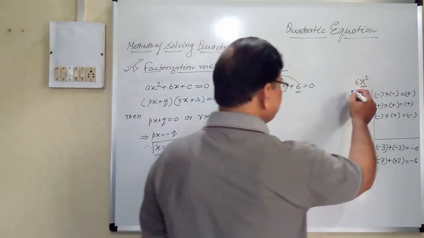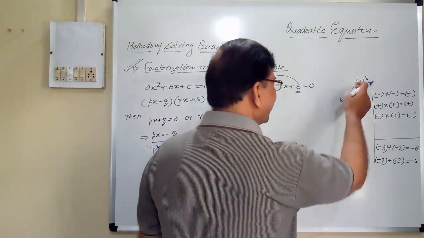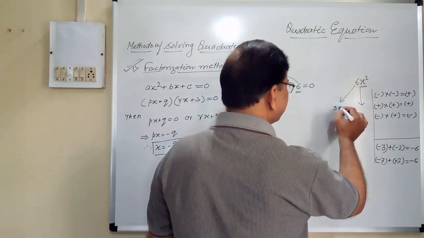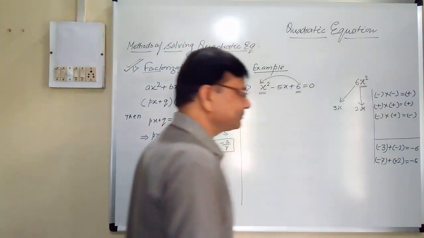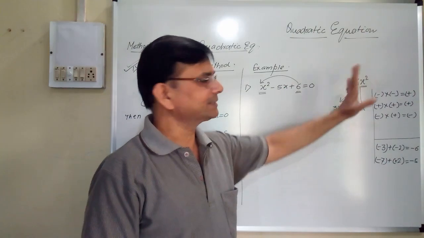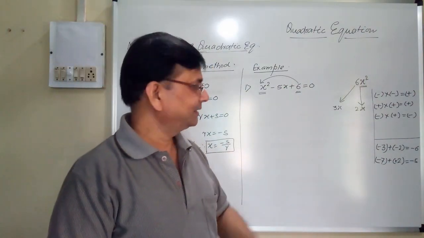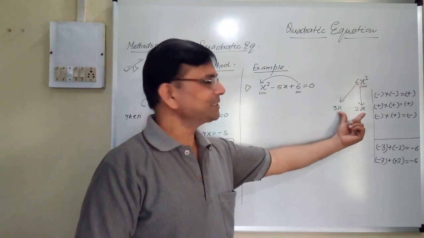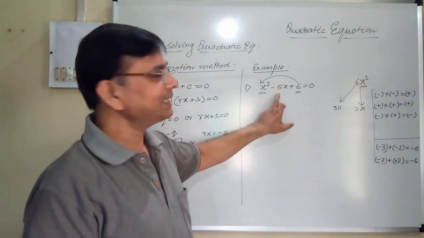So if this number is factorized into factors, one is 3x and 2x. 3x and 2x, the product will be 6x square. But what about the sum? The sum 3x plus 2x is 5x. And we want minus 5x.